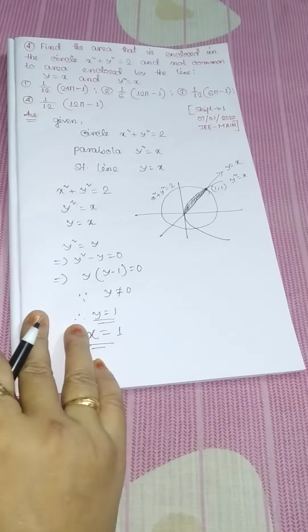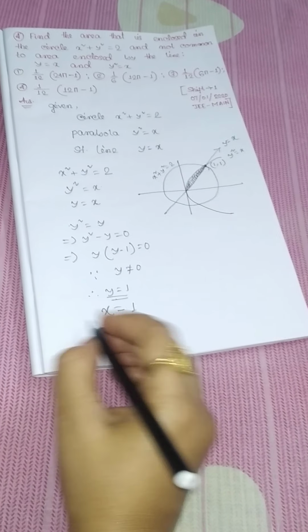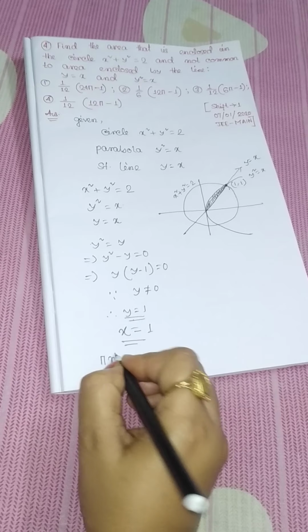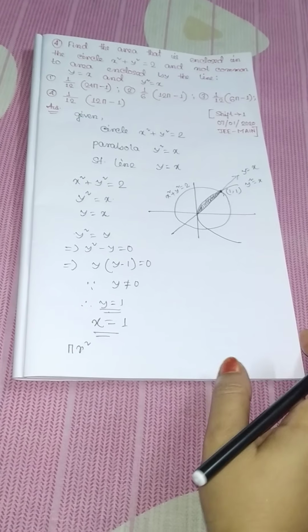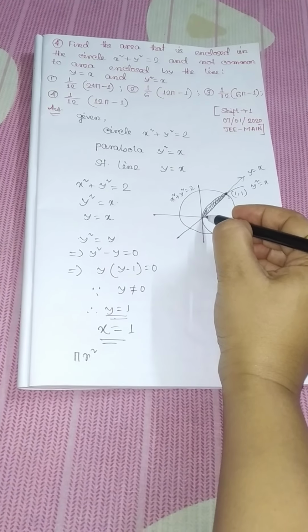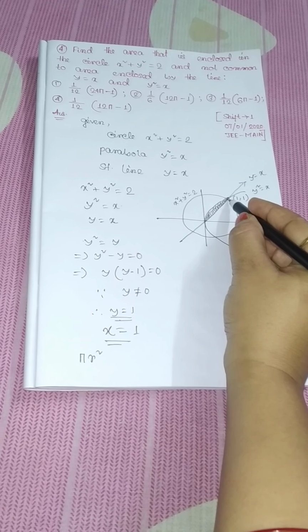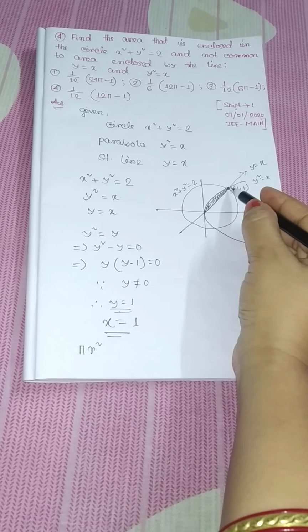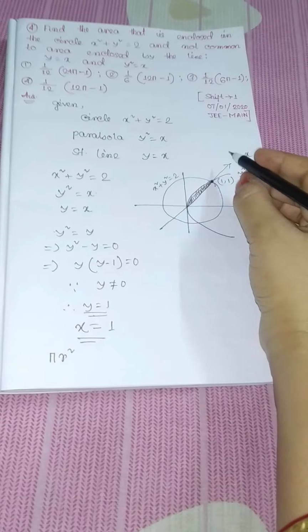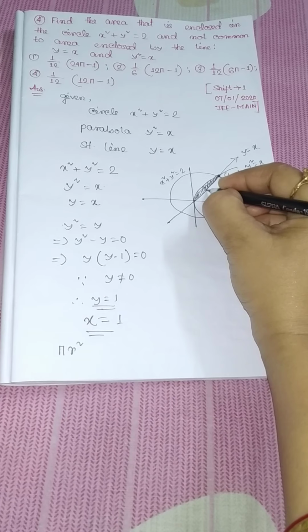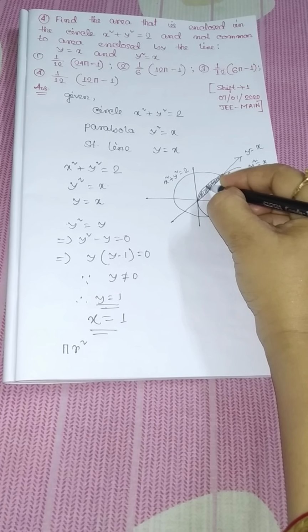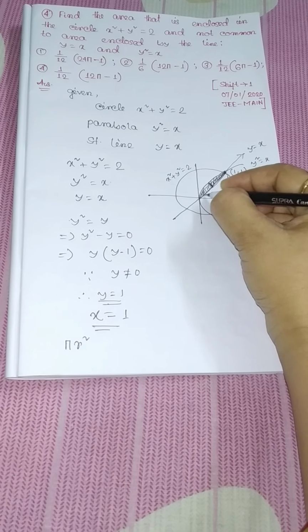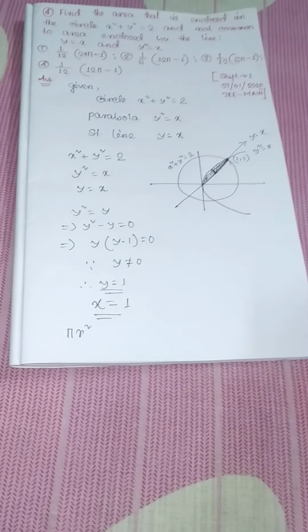Now, area of the circle is pi r square, and this area spans 0 to 1. Clear? This area spans 0 to 1, and take a vertical line upon this straight line, just like that.